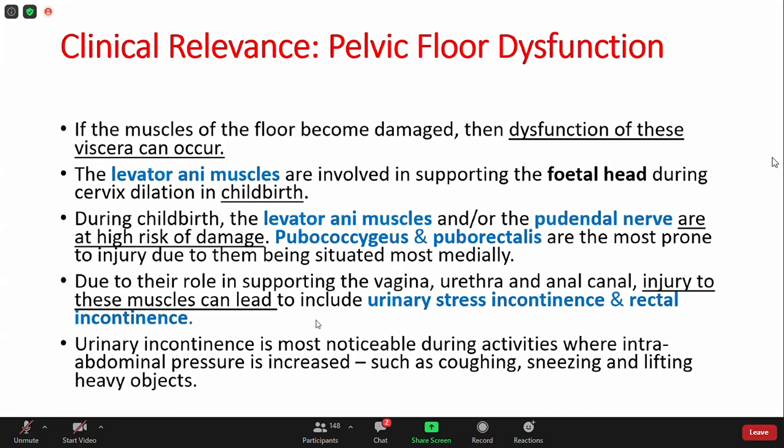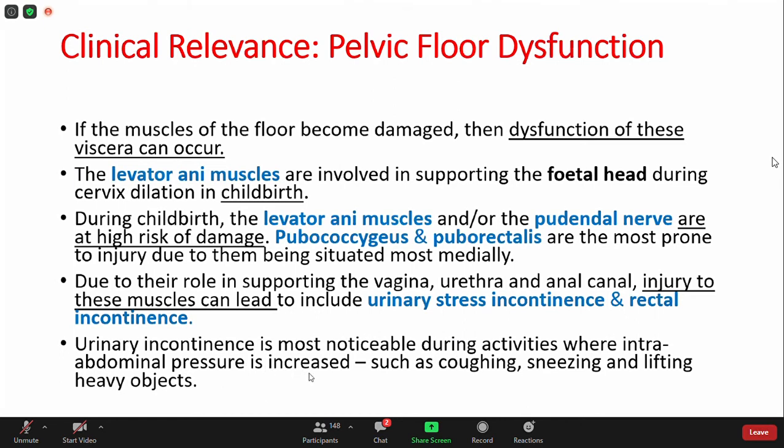There are different modalities. Sometimes they give some exercise to help the muscle, but if there is damage to the nerve, it's more serious than that. Urinary incontinence is most noticeable during activity where intra-abdominal pressure is increased.